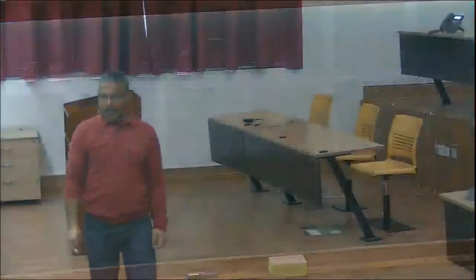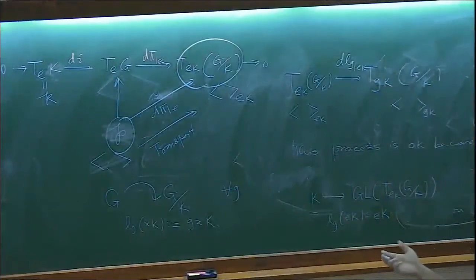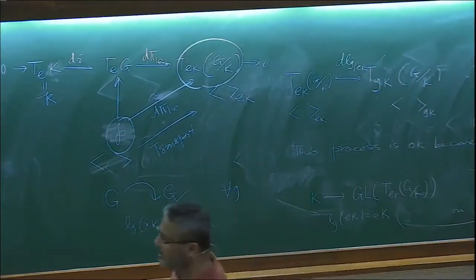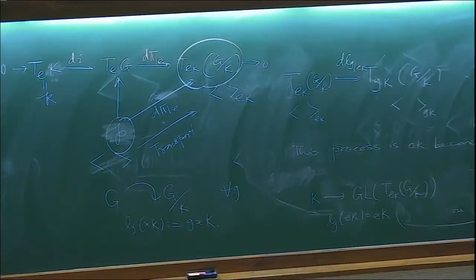So I have assigned an inner product to every point in G mod K. Is it smooth? It's smooth because it is L_g invariant, G invariant. If a group is acting transitively on a space, and the thing is G invariant, it is likely to be smooth.